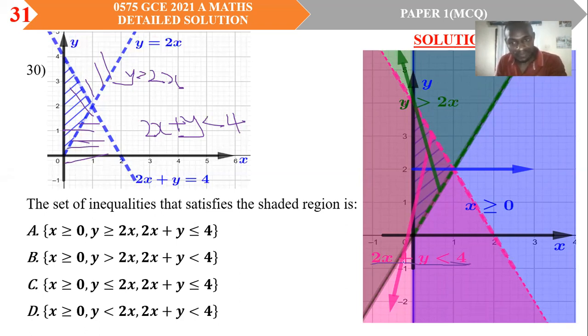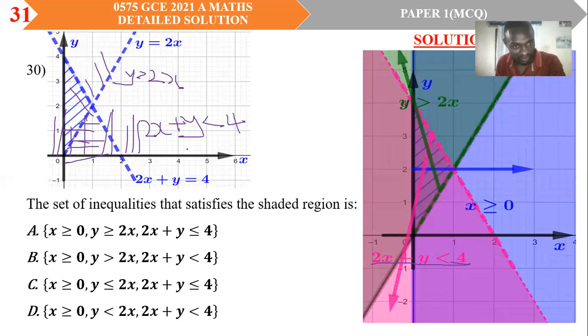Now, another line that is not clearly visible and has an intersection with this region is this side. If you see me doing that, this is shading above the x-axis, and the x-axis is the line y equal to 0.